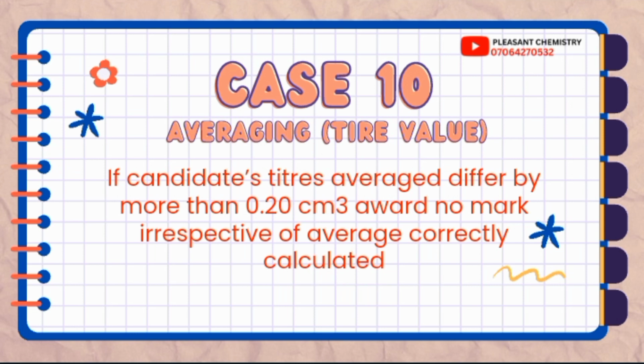This is actually talking about the TITRE that your teacher submits and your own TITRE. The difference must not exceed 0.20 centimeter cube. If the difference is more than that, it will not fetch you any mark.